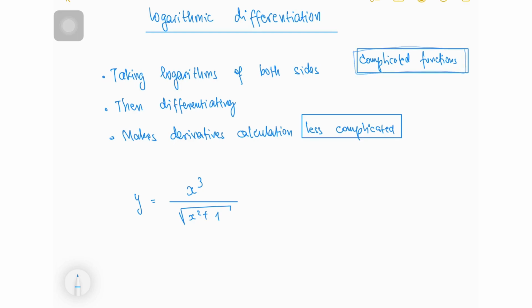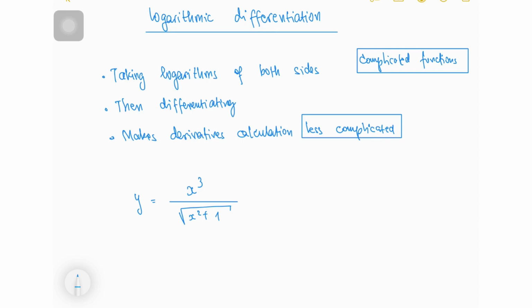In that case, for suitable functions and under certain conditions which are in general supposed to be fulfilled, we can use something which is called logarithmic differentiation, and it is done in basically two steps. First, we take logarithms of both sides, and then we differentiate both sides as logarithmic and hence composite functions.